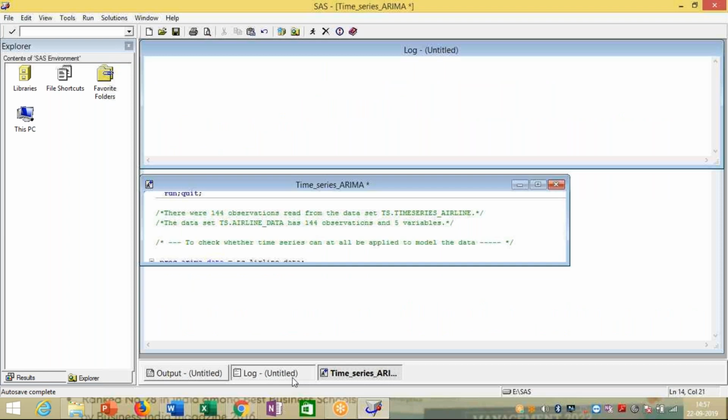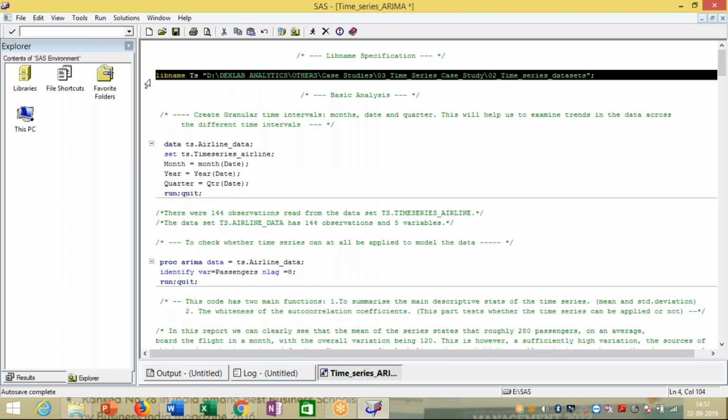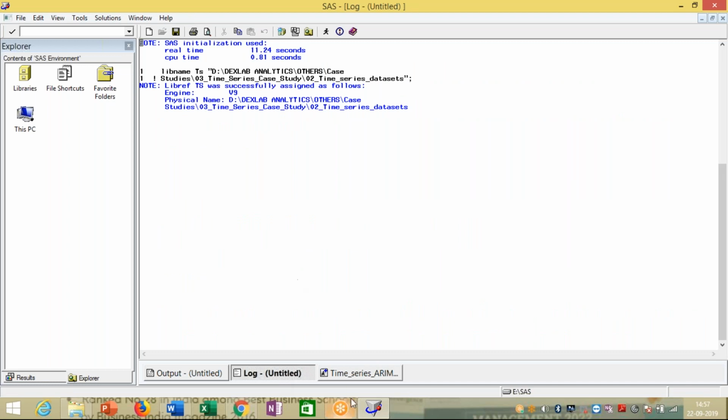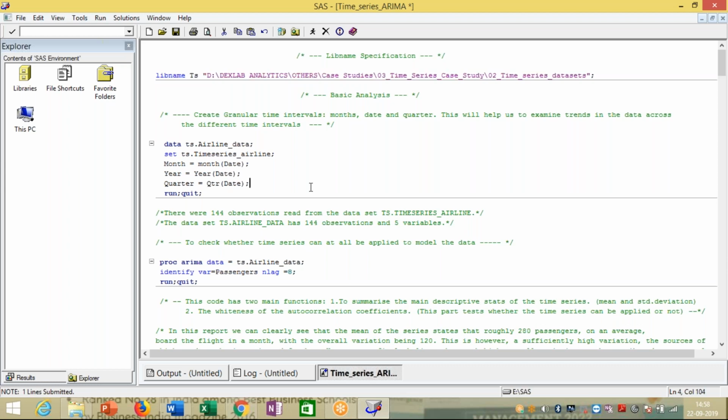So I'm not tampering with this master data file, time series airlines. I'm just trying to create an alternate data set and would be doing my treatments on that. So let's run the result, the data set over here.